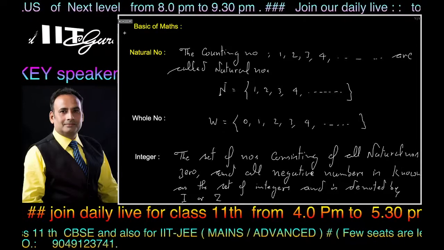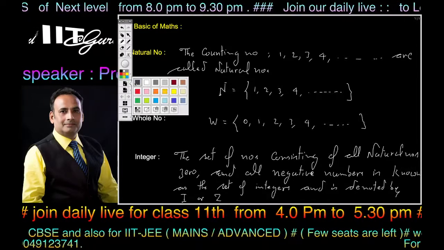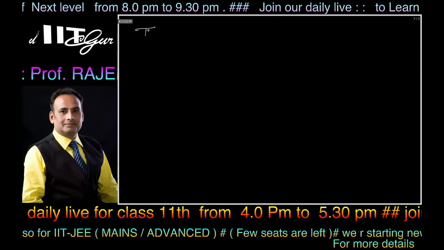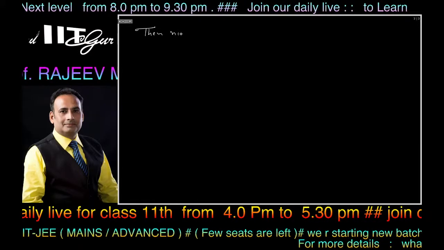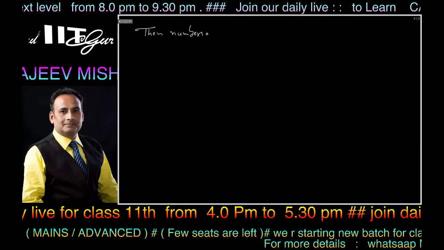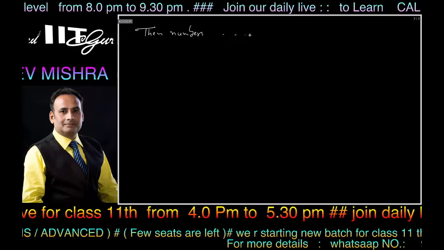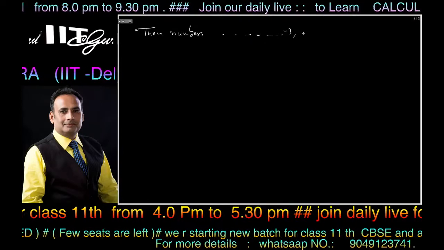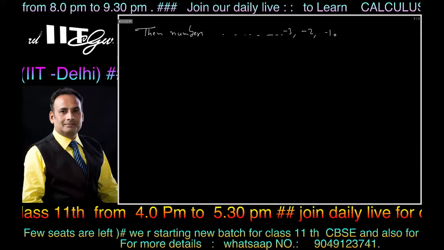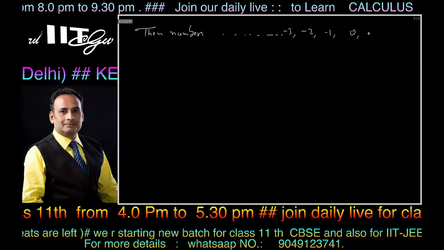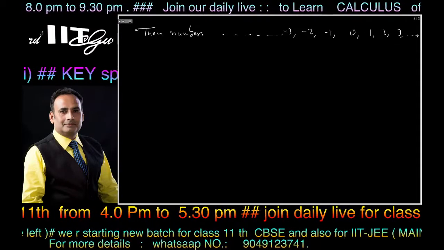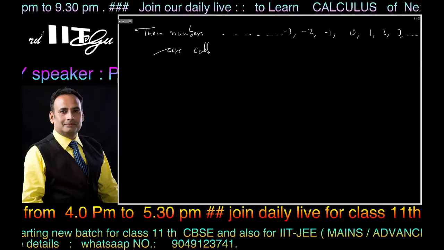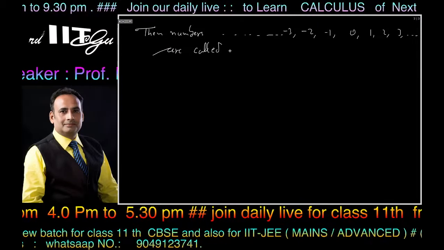So in this, the numbers can be written like this. Let me write here. The numbers are -3, -2, -1, 0, 1, 2, 3, and so on, and are called integers.